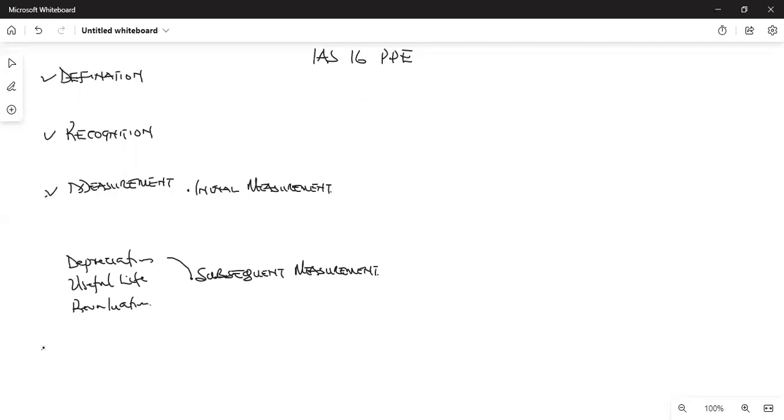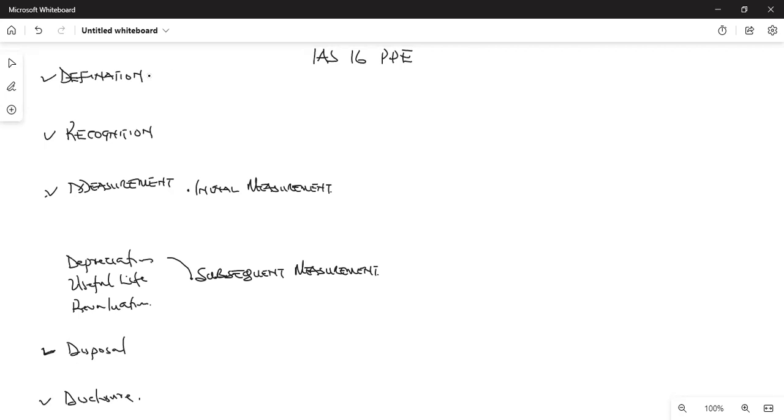And lastly, we will talk about disposal, how we treat disposal of PPEs. Then disclosures. So these are what we're going to do. That is how we are going to approach the level 2 standards.